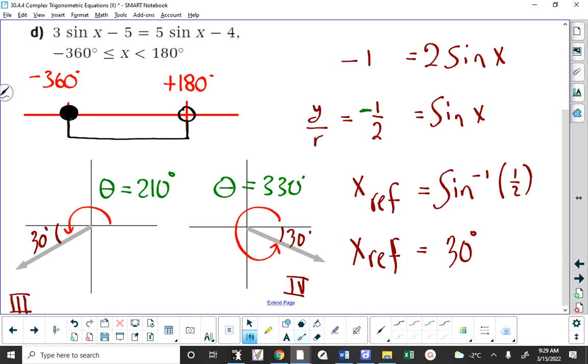So is 210 in there? No, 210 is over here someplace, right? Is 330 in there? No. So I'm going to show you right now what I think is the best way to do this.